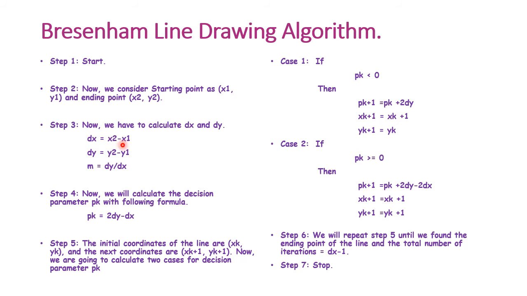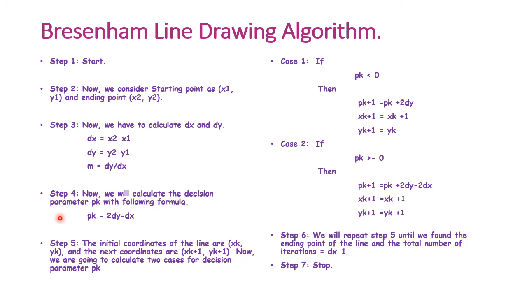So dx is equal to x2 minus x1 and dy is equal to y2 minus y1. From these two we have to calculate the slope value m, so m is equal to dy by dx. Step 4, now we will calculate the decision parameter pk with the following formula.